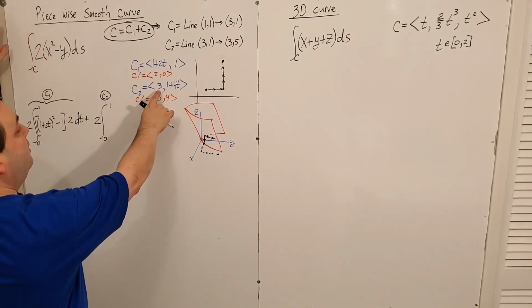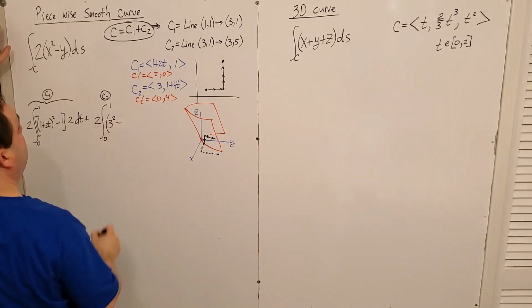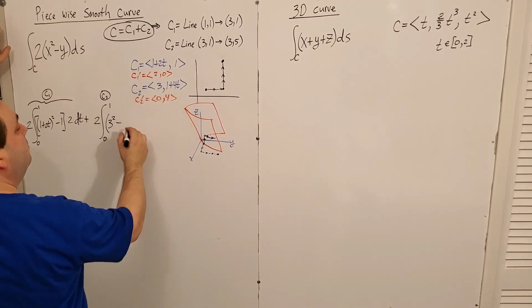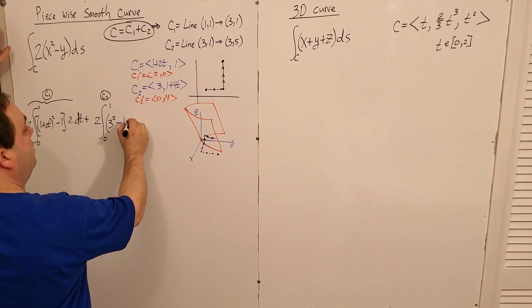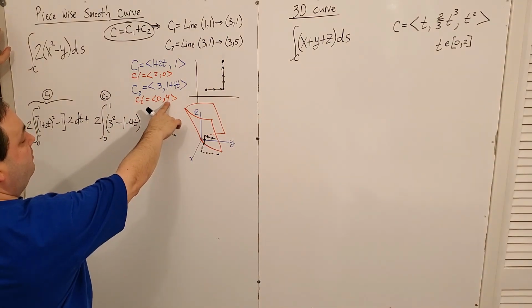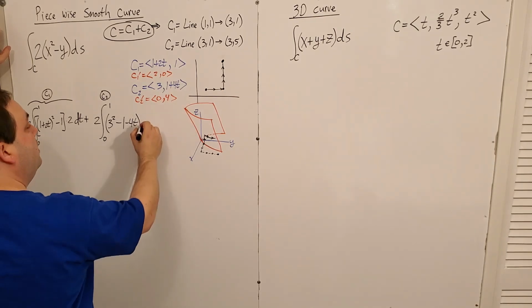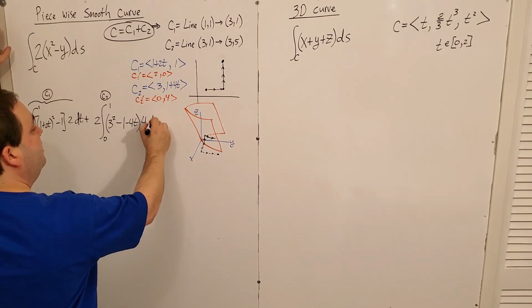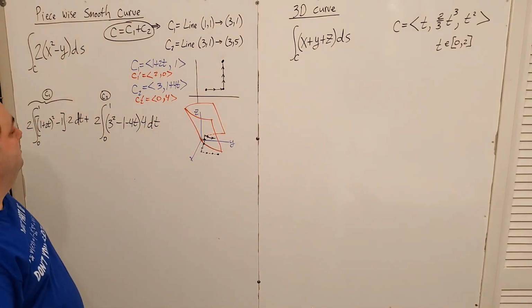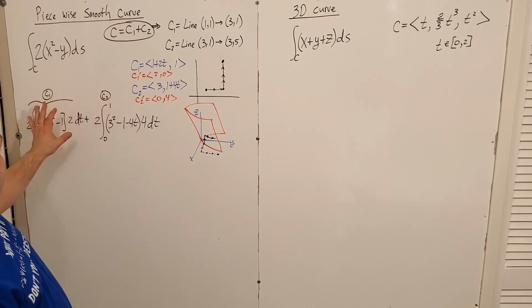X squared is 3 squared minus y, so minus 1 minus 4t. And then the length is going to be 4 again, because I've got 0 squared, 4 squared, square rooted. The length's going to be 4 dt like that. Okay? So there's my C2 integral, and there's my C1 integral.